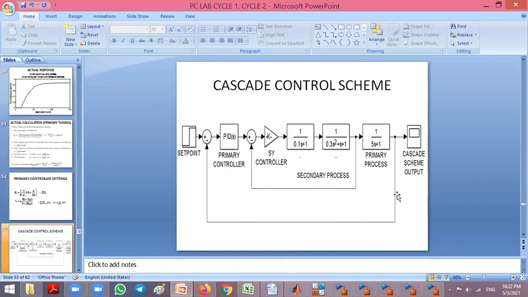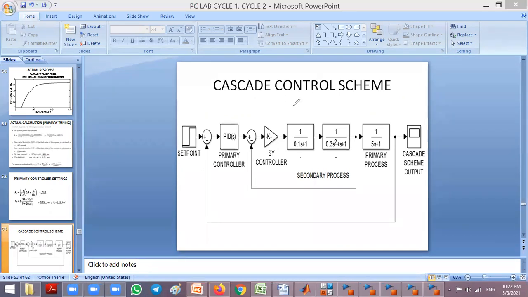Now we are implementing. Already the secondary loop was implemented, where we implemented the gain as 6 point something. I don't remember correctly, 6.83 I think.